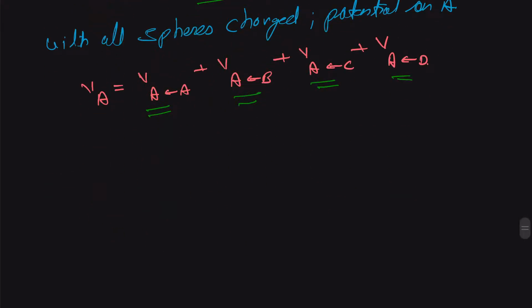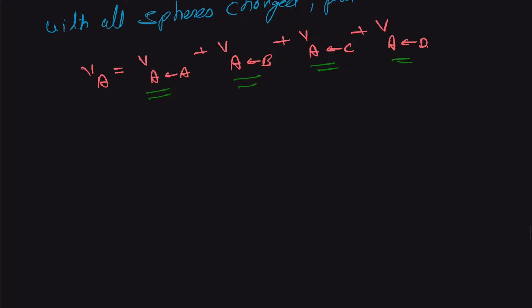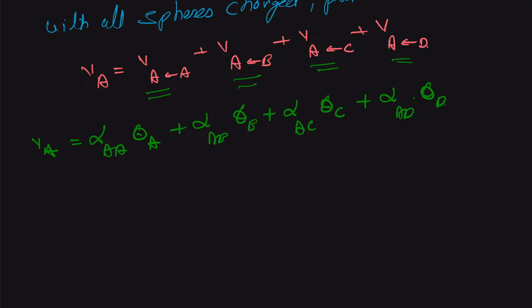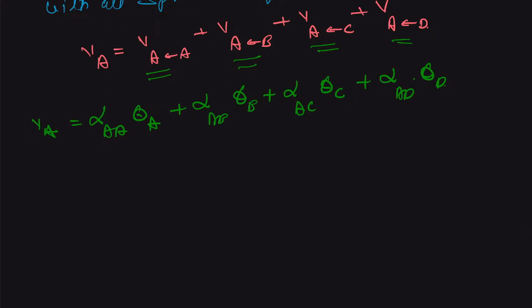Similarly, we can write this for VA. Therefore, VA will be equal to alpha AA times charge QA, plus alpha AB and charge on B, that is QB, plus alpha AC and charge on C, plus alpha AD, and this is the charge on sphere D. So this is nothing but the respective individual potentials because of their respective charges, because we have a total of 4 spheres.